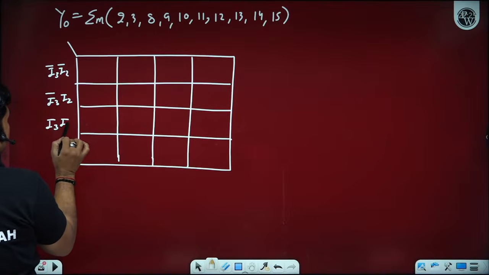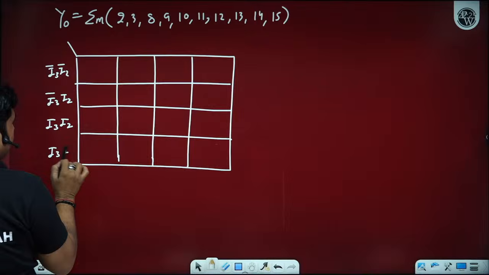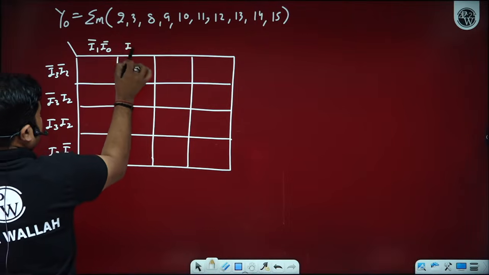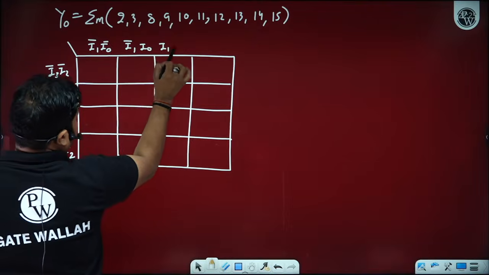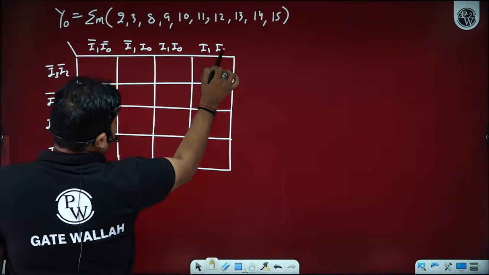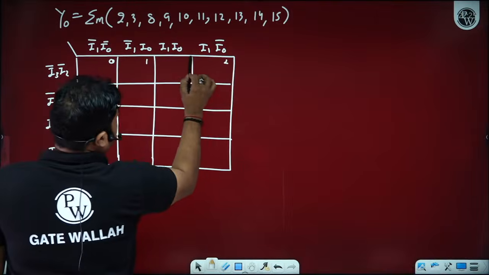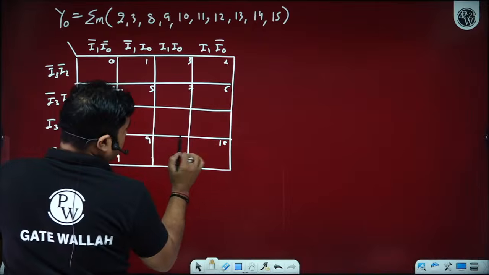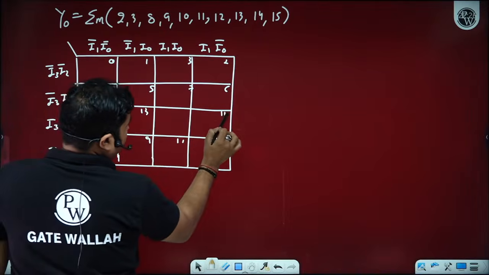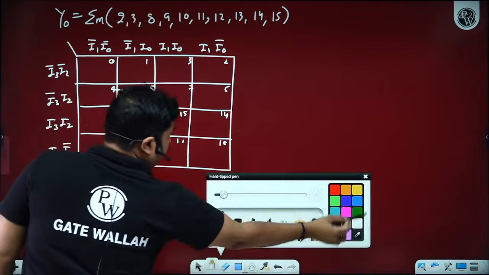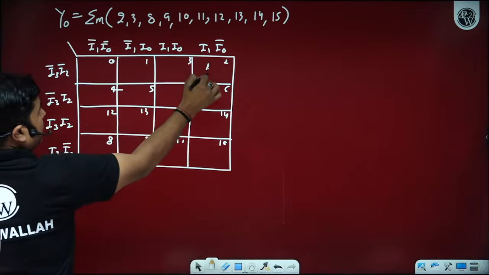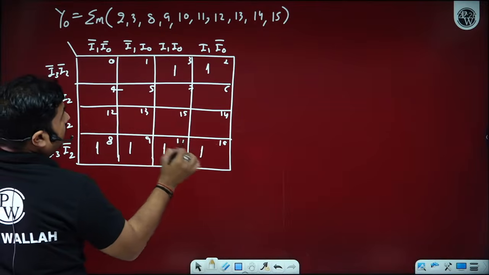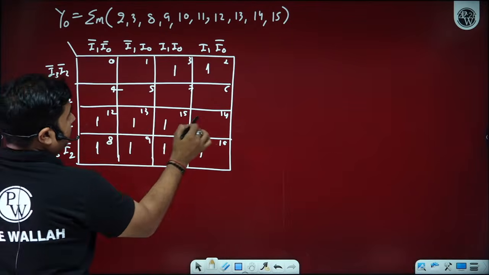I3, I2, I3, I2 complement, I1, I0 complement, I1 complement, I0, I1, I0, I1, I0 complement. 0, 1, 2, 3, 4, 5, 6, 7, 8, 9, 10, 11, 12, 13, 14 and 15. We are getting output logic high on the binary of 2, 3, 8, 9, 10, 11, 12, 13, 14, 15.